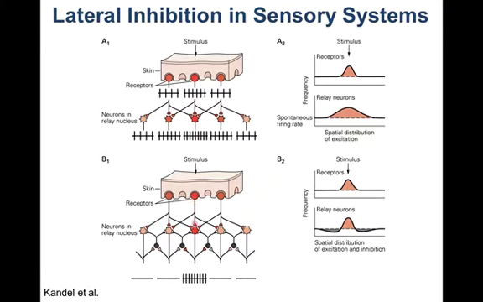Only the neuron that fires to the greatest degree is going to activate its secondary neuron. And so you'll get firing in the secondary neuron, the red one, but not in neighboring neurons. So lateral inhibition, inhibiting my neighbors, right? So that only the neuron that is activated to the greatest degree is firing.